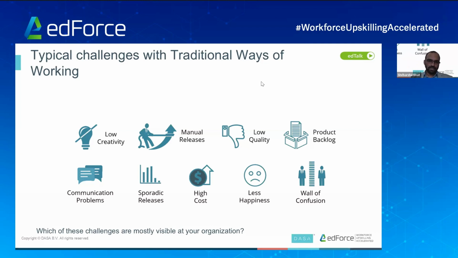And then we also see sporadic releases; it's not possible to have a set frequency. The high cost, of course: we know that if you find defects or issues at a later stage of your development life cycle, then your cost increases exponentially, right? And then of course less happiness, from the morale of the team. We see that there is less happiness.